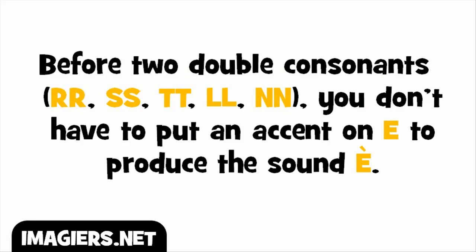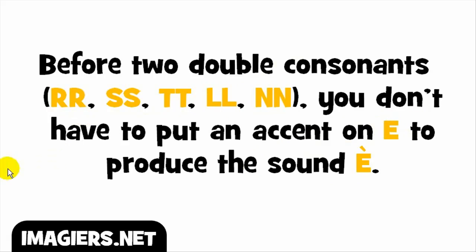Before two double consonants like RR, SS, TT, LL, NN, you don't have to put an accent on E to produce the sound E. Normally, if you want to produce this E sound, the easiest and most common way is to put this accent grave here. But remember that if you've got two double consonants like RR, SS, TT, LL, NN, you don't have to put an accent on E.